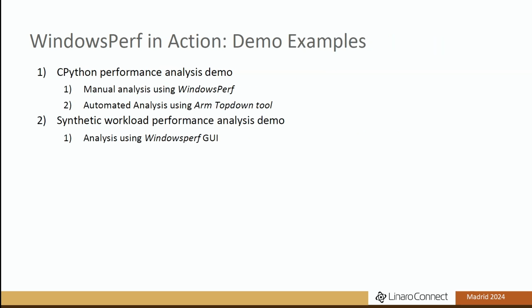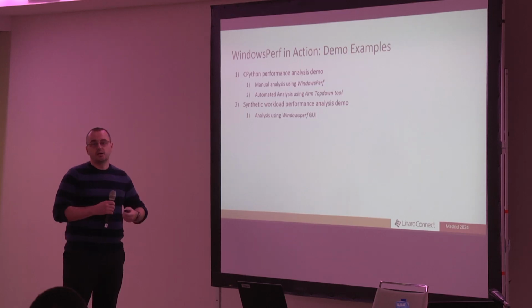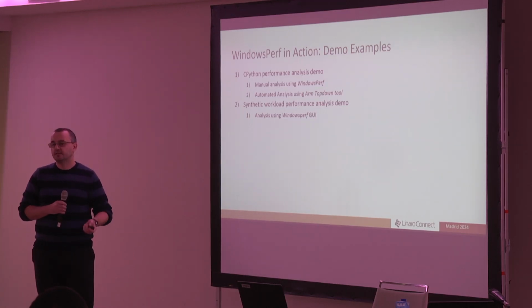For examples, I'm going to use CPython. Maybe it's more interesting. Manual top-down analysis and also the automated one with the top-down tool. You can see the advantage of the manual one: you can see exactly how many events are happening and what's happening on the screen. But from the top-level view, you would like to run the top-down tool on Linux and on Windows. You're going to get the same results because we ported WindowsPerf for this tool.